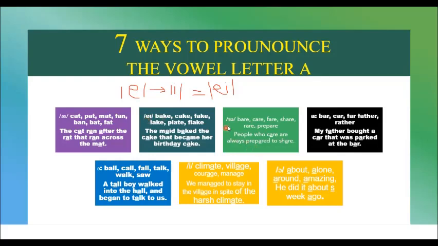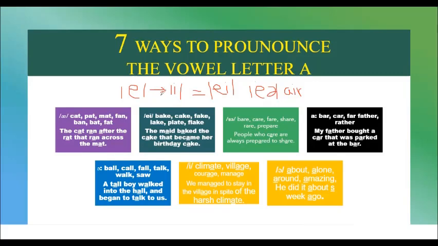The next one is also a diphthong, and this diphthong we call A. We pronounce this like the A we breathe. You can differentiate this from the previous one.